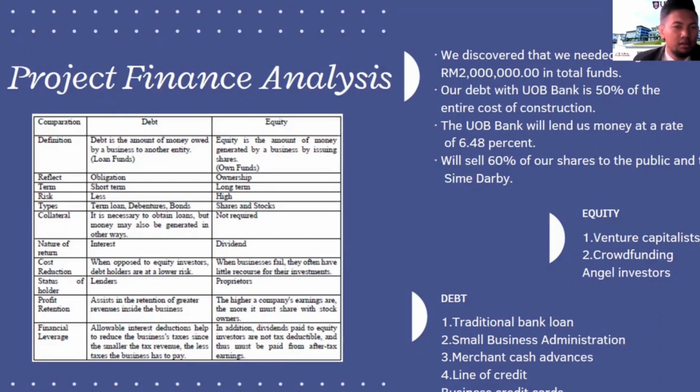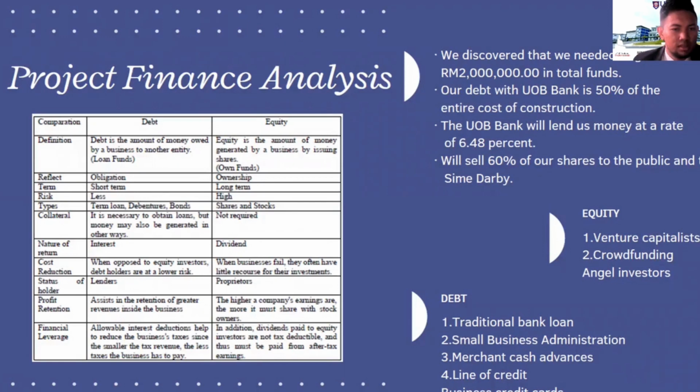The reflection of this for debt is obligation and for equity is ownership. As you can see here, the term is short term for debt and long term for equity, and the risk for debt is less than equity.